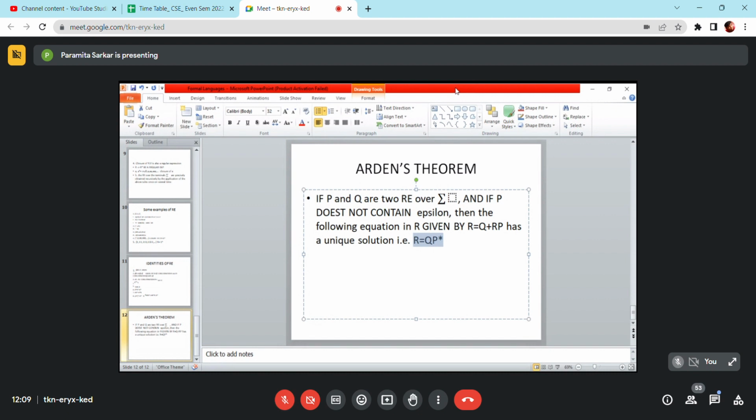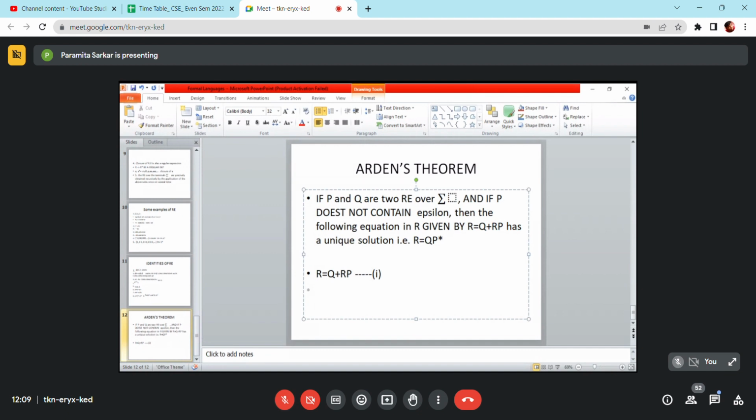If you get this picture of the solution, you can see that in the first line I have started by taking R equals Q plus RP. This is our equation number 1.